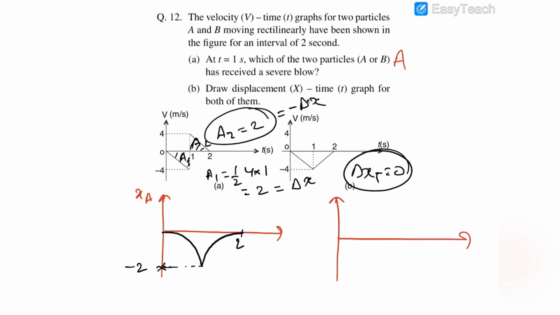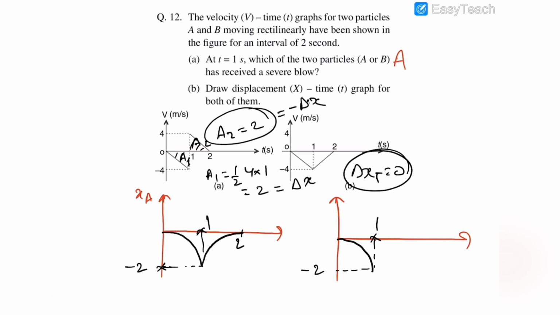Therefore, again, it would be a parabola like that same, which was initially like that, and this would be -2, and this time here is 1 second, and there it would be 1 second. And in this graph, you can see that this would be a v-t graph which is going in the upward direction.